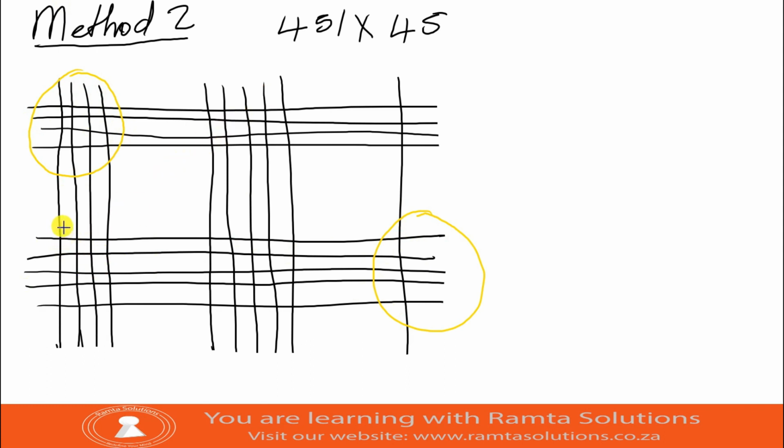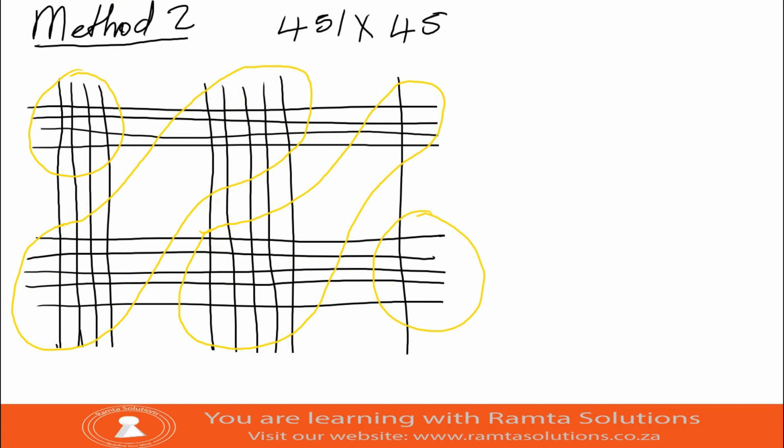These are opposite vertices. Let me not leave any point out. This one, its opposite vertex is this one. So these are opposite vertices.